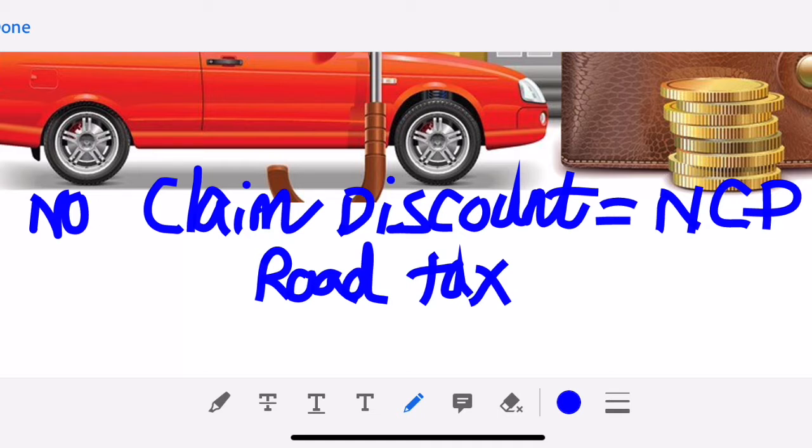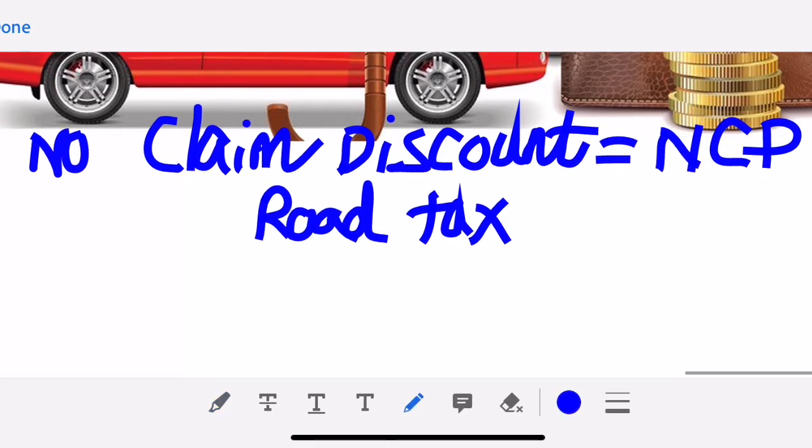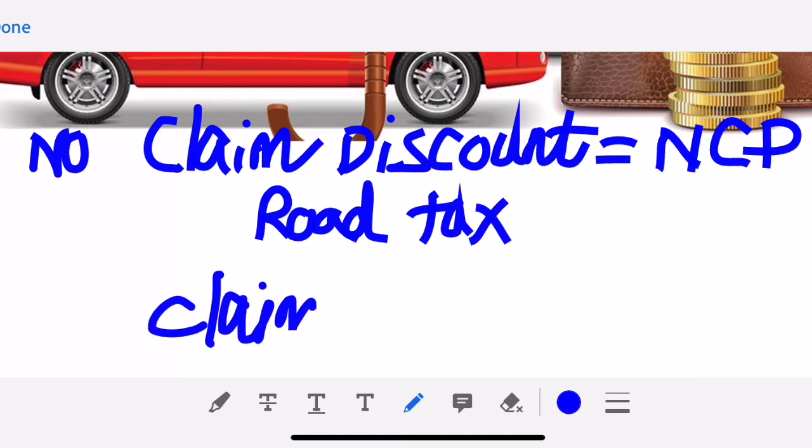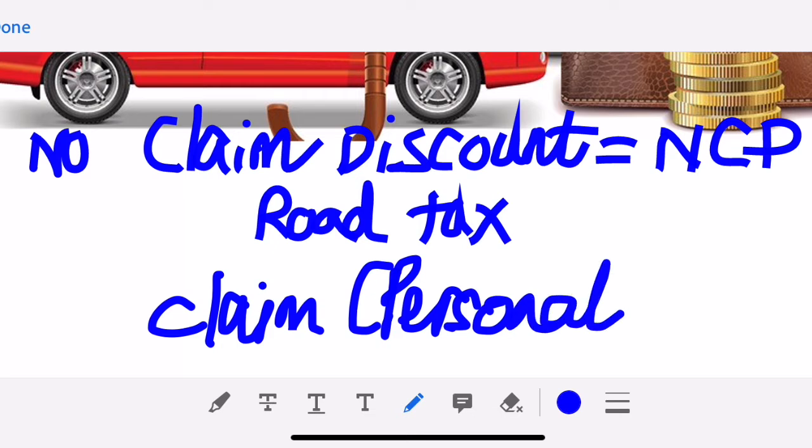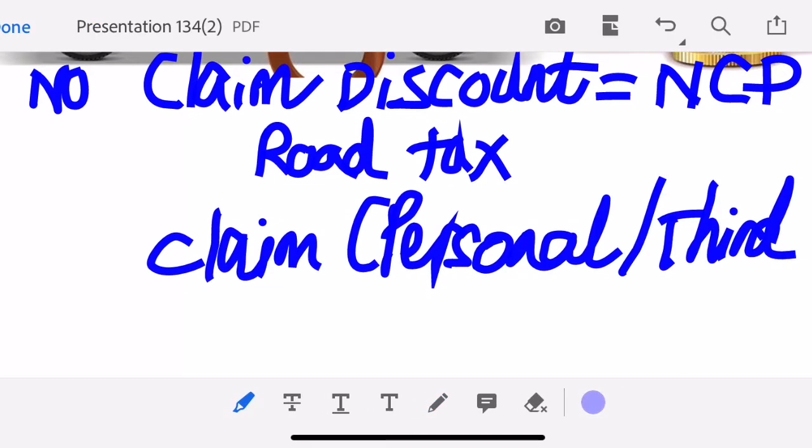Okay, and the driver will lose the entire NCD eligibility when there is a personal or third party claim from the insurance company.